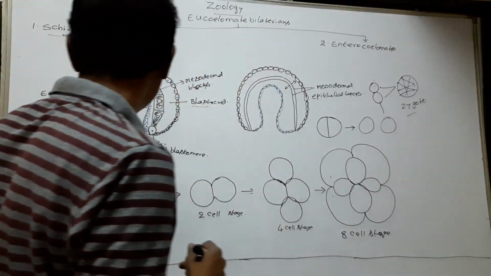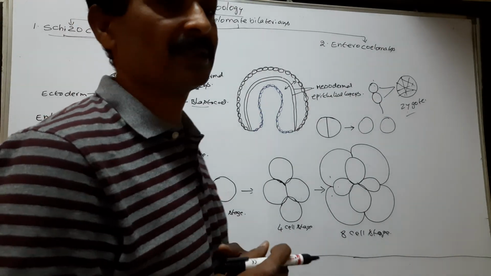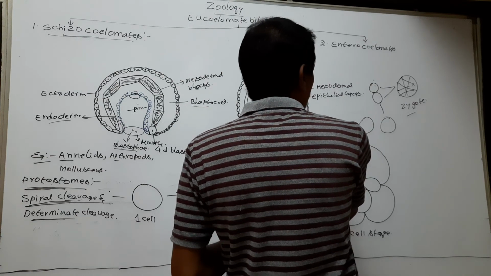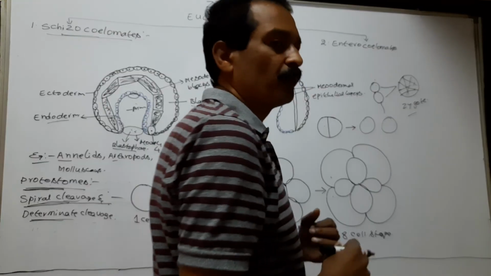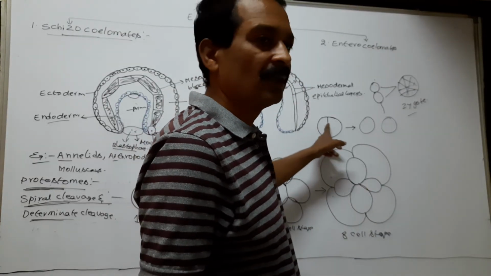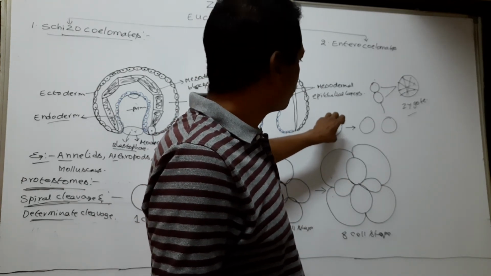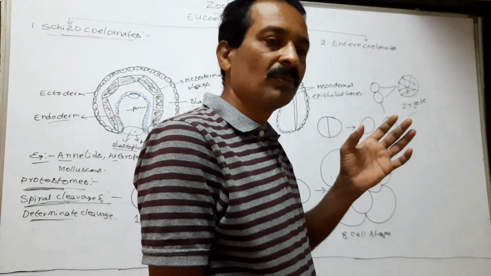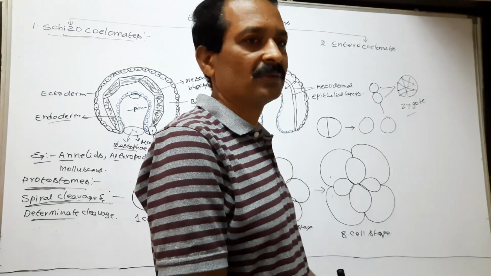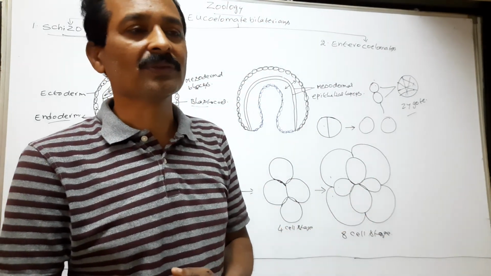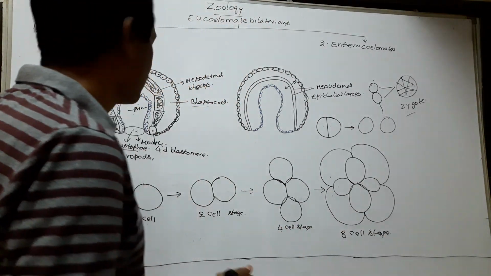So this is determinate cleavage. The combined two cells undergo divisions to produce a large number of blastomeres. The combined blastomeres can produce an embryo. The separated cells do not produce an embryo. This is determinate cleavage.